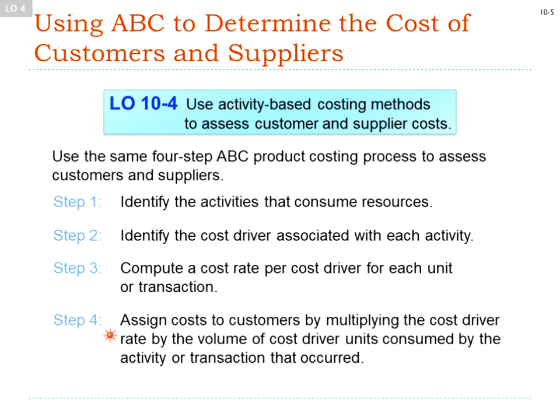You take the cost driver rate, multiply it by the volume. So again, it's something we've already seen before, so it should look very familiar, and we'll work these problems in our homework.